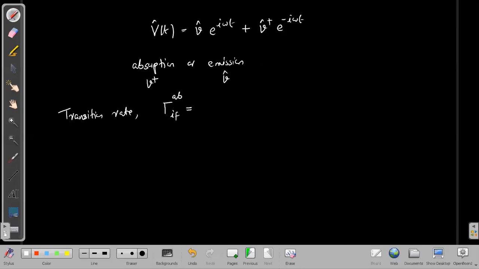The gamma IF corresponding to absorption would be equal to 2 pi by H cross, the modulus of psi f V dagger psi i squared, times the Dirac delta function of EF minus EI minus H cross omega. So this will be non-zero only if EF equals EI plus H cross omega.